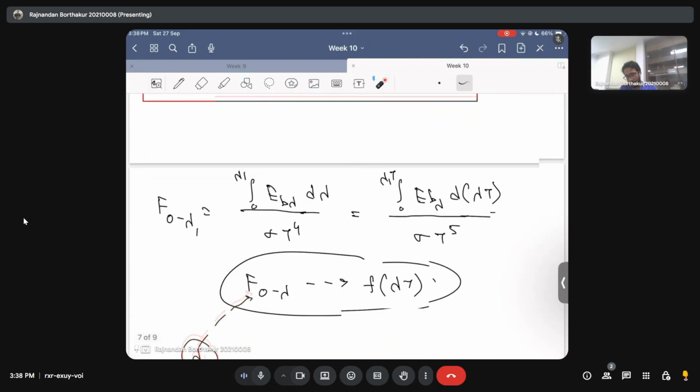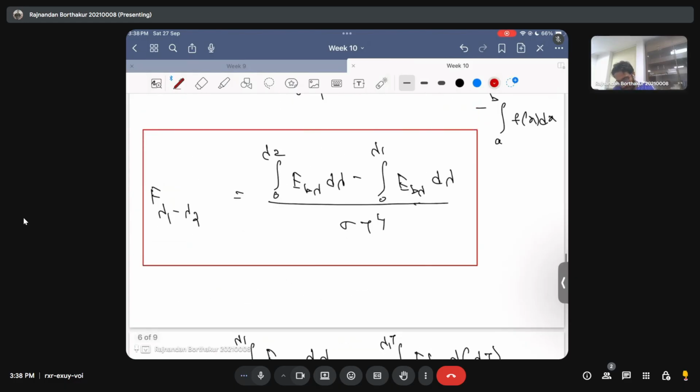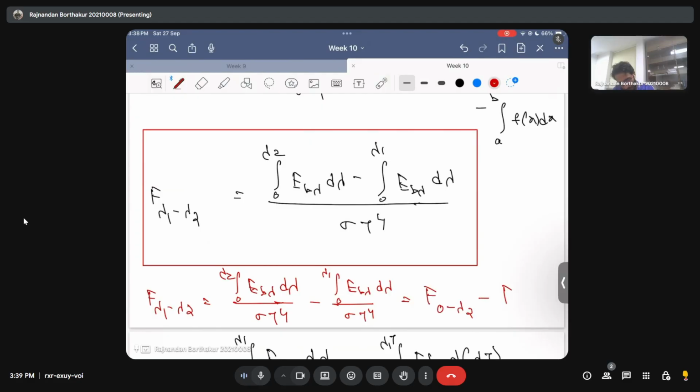And now I hope you can see that you can write this F lambda 1 to lambda 2 as the integral from 0 to lambda 2 of E_b lambda d lambda by sigma T raised to the power 4, minus the integral from 0 to lambda 1 of E_b lambda d lambda by sigma T raised to the power 4, which is nothing but F 0 to lambda 2 minus F 0 to lambda 1.